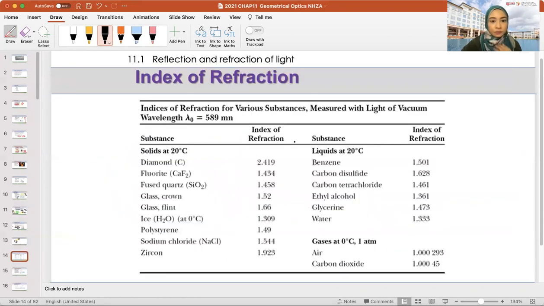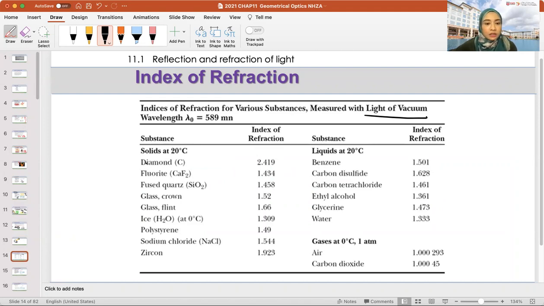Okay, moving on. So these are indices of refraction. Indices is plural for index. Indices of refraction for various substances measured with light of vacuum wavelength 589 nm.